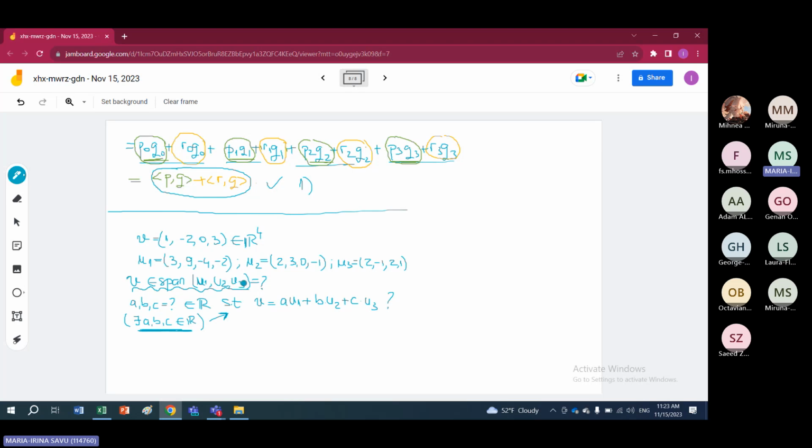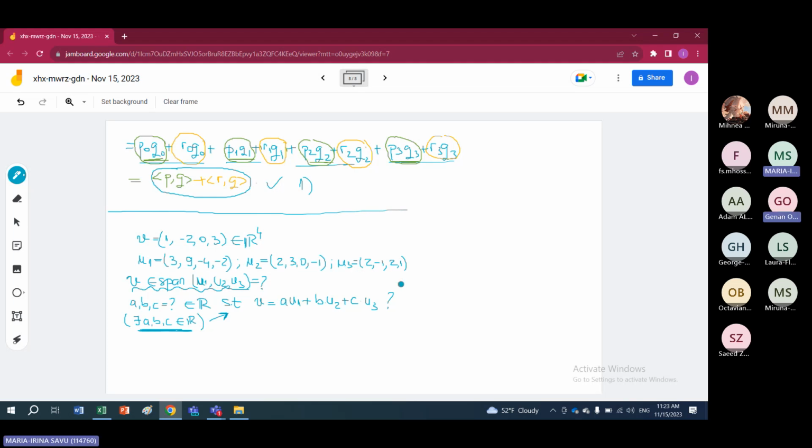It depends actually. If U1, U2, and U3 are not independent, you have multiple solutions. It depends a lot on whether they're independent or not. This is the idea.